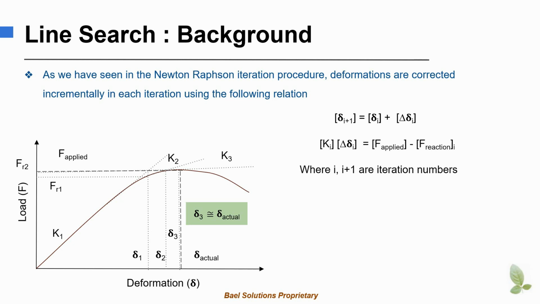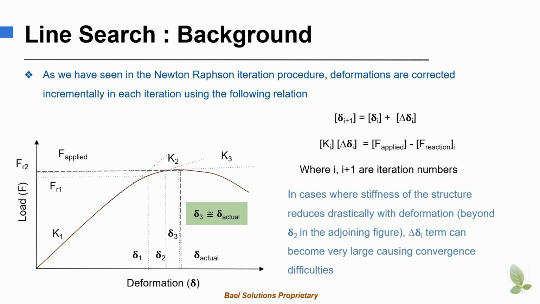Stiffness of the structure in the current iteration, Ki, multiplied by incremental deformation, delta delta, is equal to applied force minus the reaction force. In cases where the stiffness of the structure reduces drastically, Ki becomes very small.